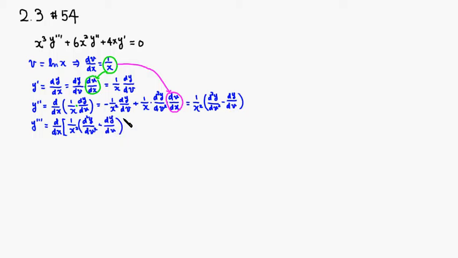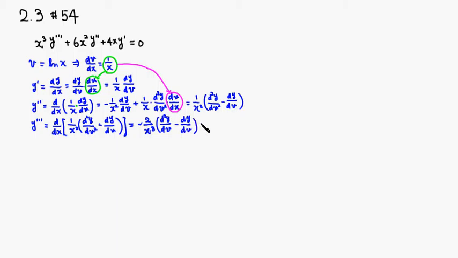So it's the product rule again. The derivative of 1 over x squared, which is x to the negative 2 power: put the negative 2 in front and subtract 1, so x to the negative 3 power. So it's going to be x cubed on the bottom, times exactly the same thing: the second derivative of y with respect to v minus dy over dv.